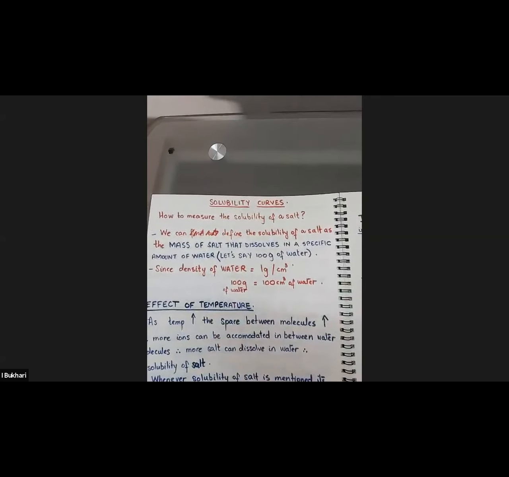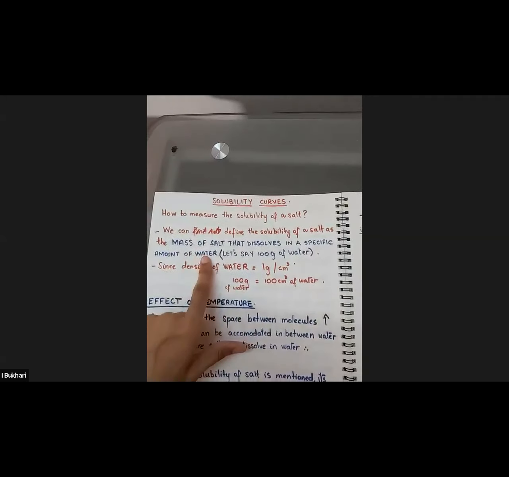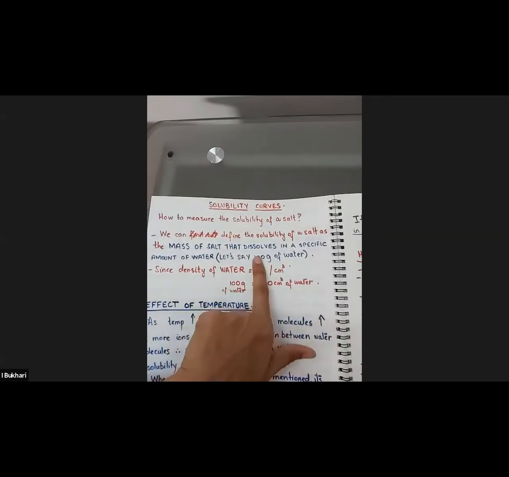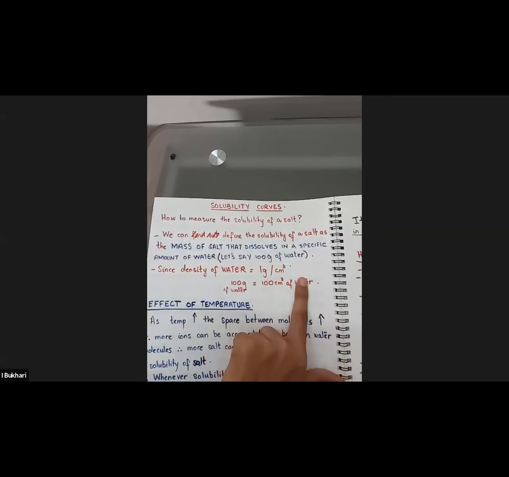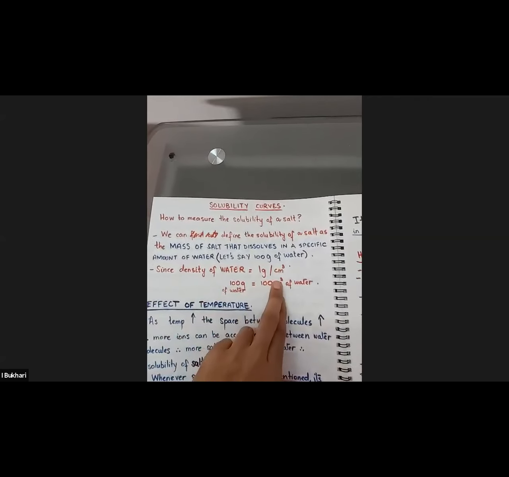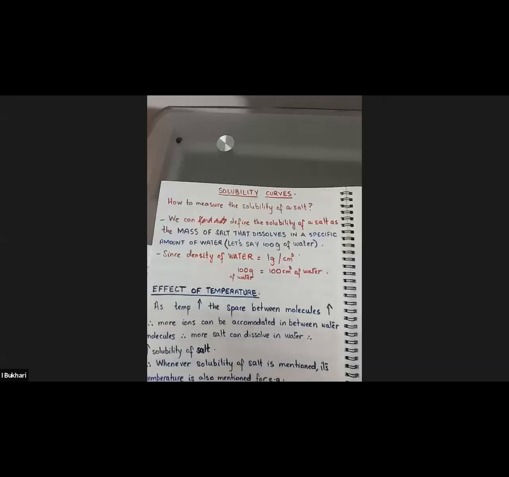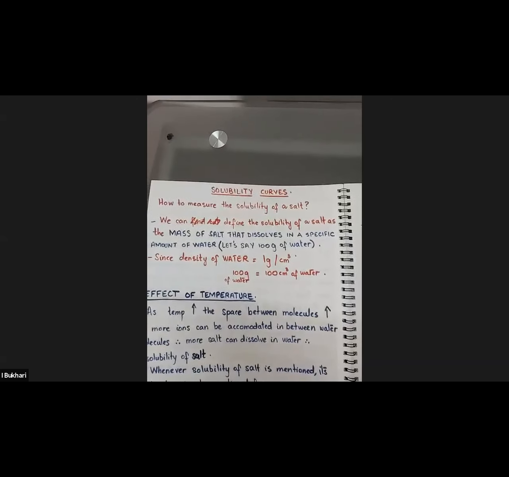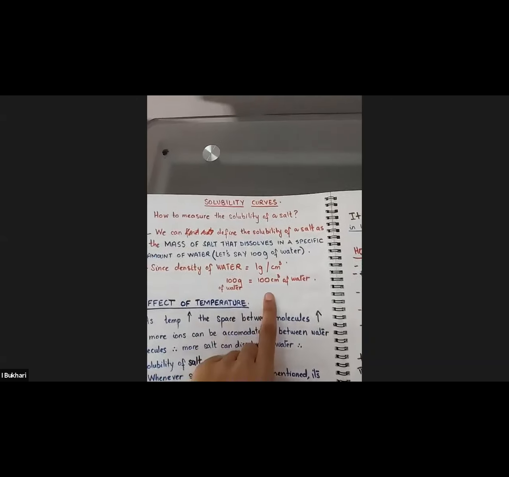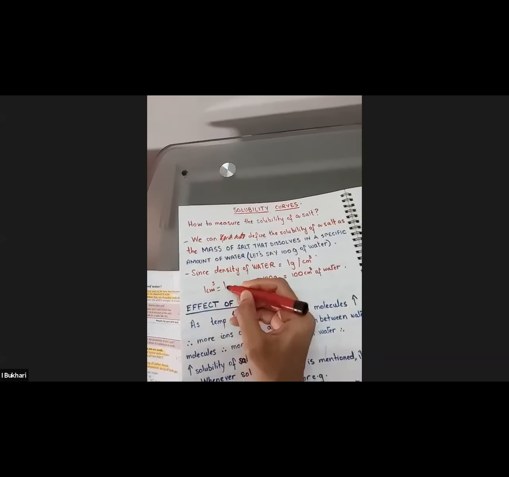Simple. Solubility of a salt is defined as the mass of salt that can dissolve in 100 grams of water. Now we know that the density of water is 1 gram per cm cube, right? This density helps us a lot because it's easier to convert the mass into volume. It is the same for ml as well, because 1 cm cube is equal to 1 ml.